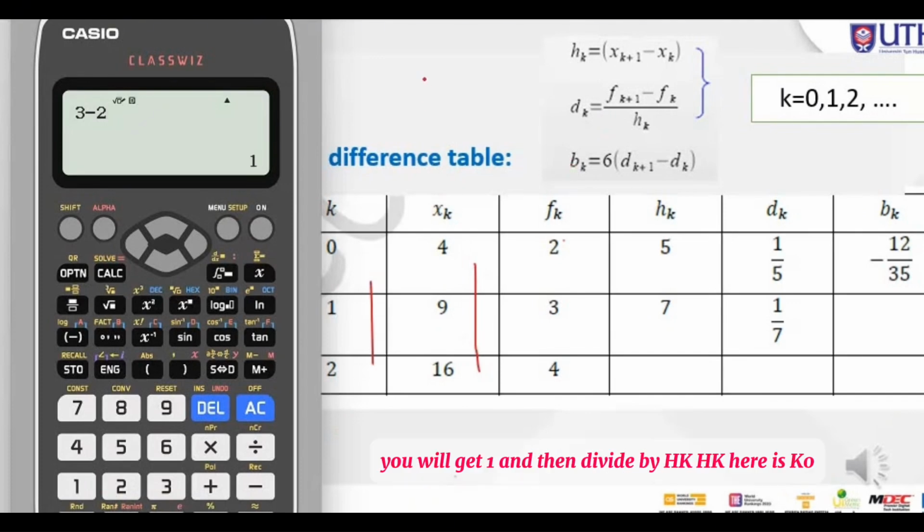So you get 1 and then divide by h_k. h_k here for k = 0 is 5. So that's why here we have 1 over 5.